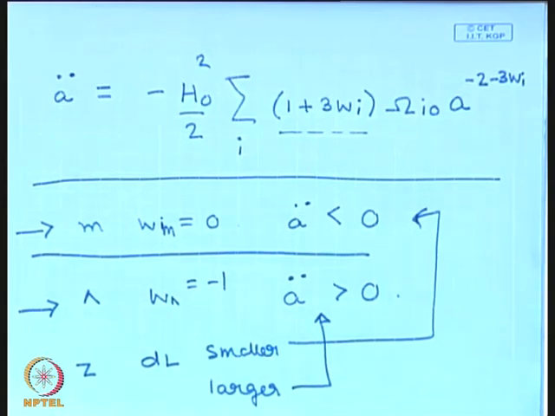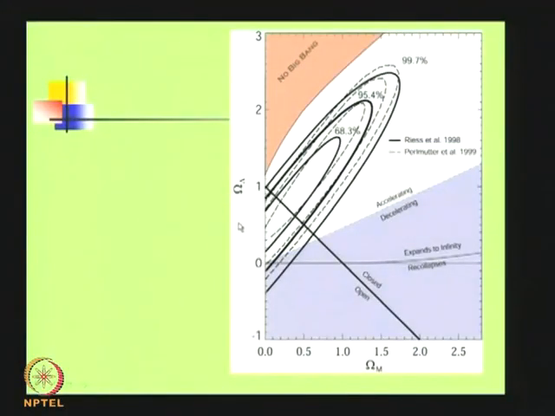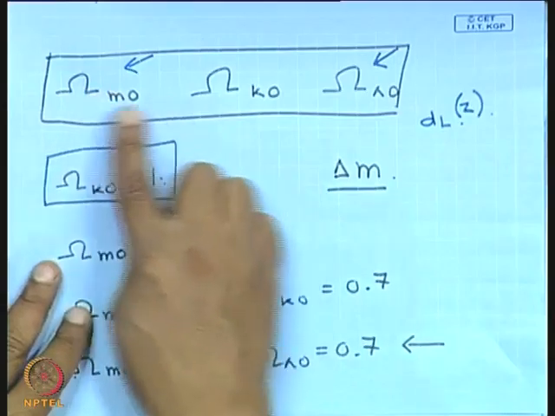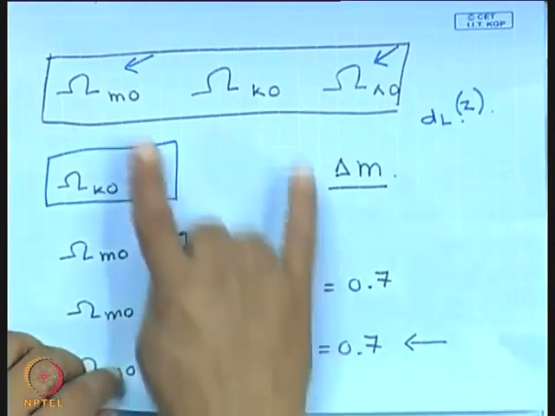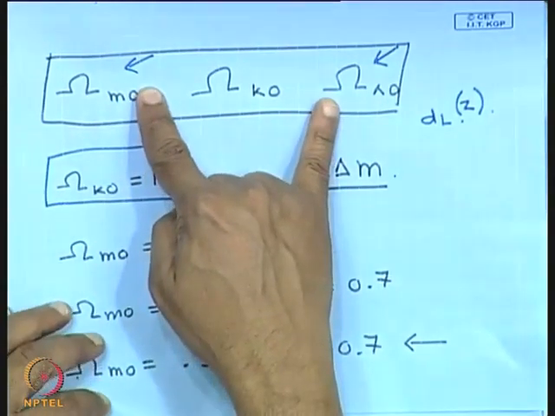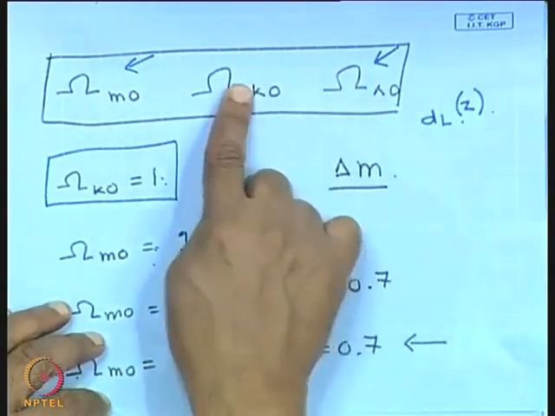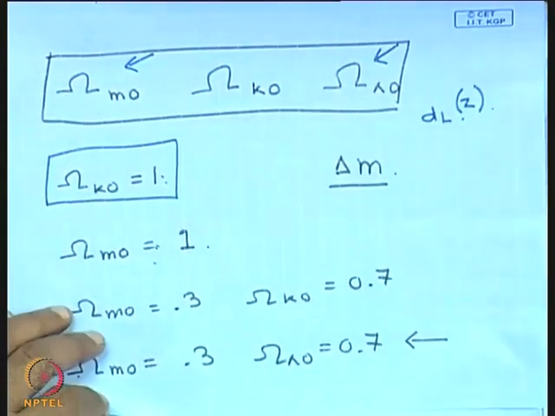Then you have a model with three parameters: omega matter naught, omega curvature naught, and omega lambda naught. Any two of these can be varied. The third one is determined from the fact that the sum is 1.